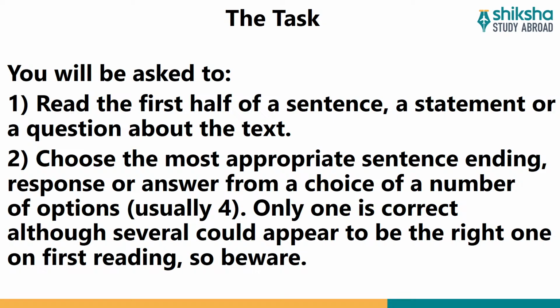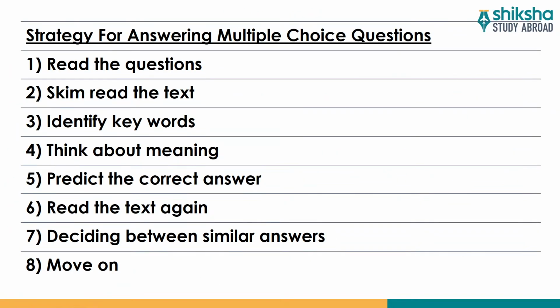It might be 3 as well, or there might be more than 4, like 5 options given to you, and then you will have to choose 1 or 2 answers out of those options. So always read the instructions very well so that you know how many answers you need for the question. Only one may be correct, although several could appear to be right on the first reading, so just be aware.